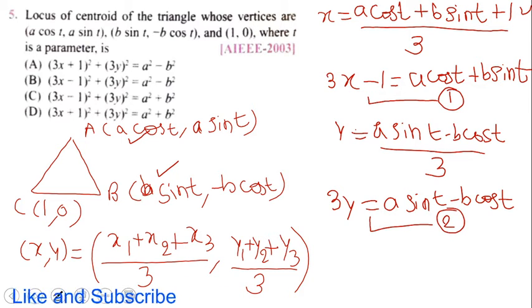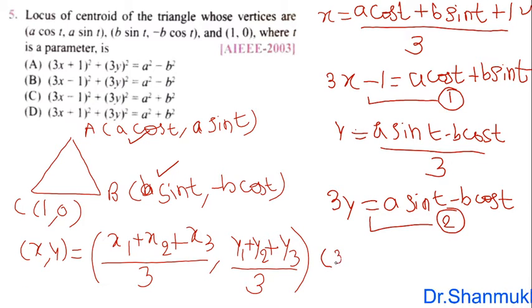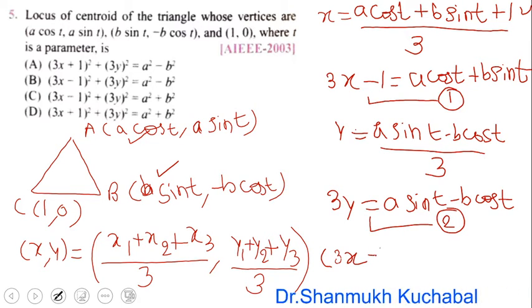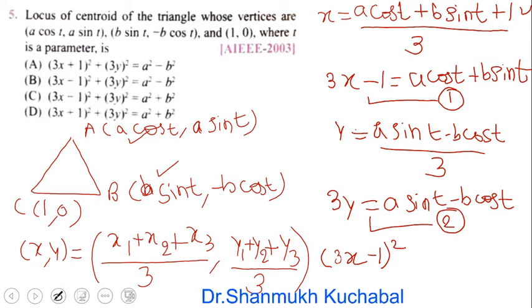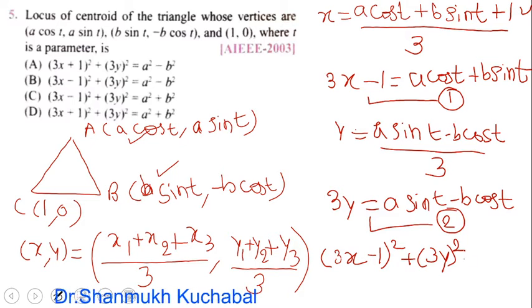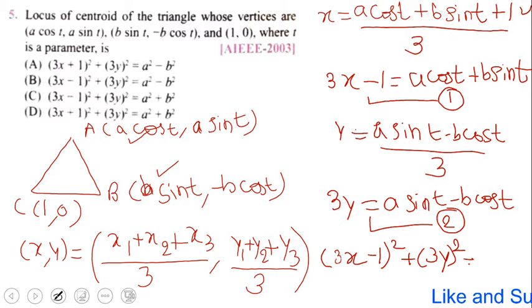So equations 1 and 2 we have to square and add. So squaring and adding, LHS we are going to get as (3x minus 1) whole square plus (3y) whole square equal to, so we observe that a cos t plus b sin t, squaring, we have to use the a plus b whole square formula, a square plus b square plus 2ab. Here also in equation 2 RHS we use the a plus b whole square formula.